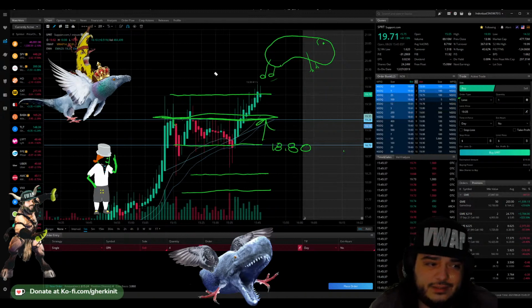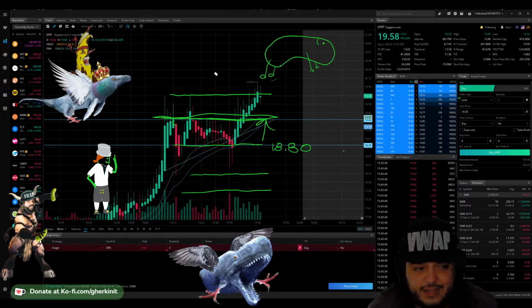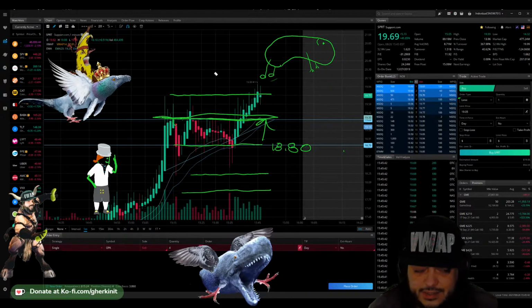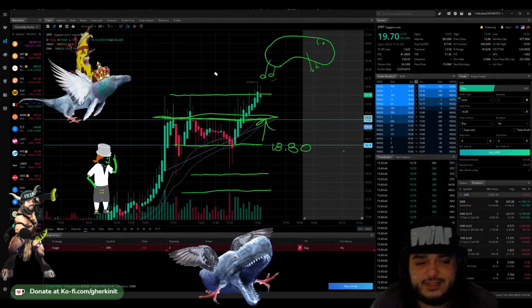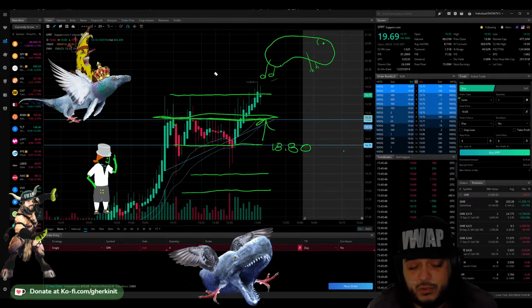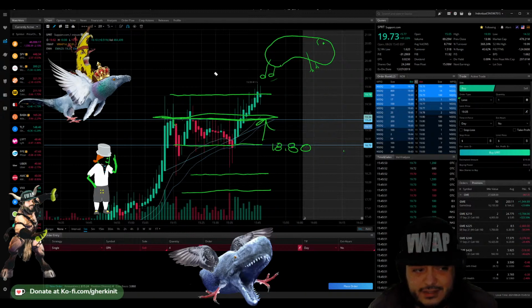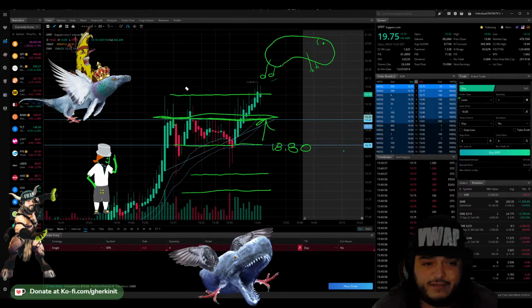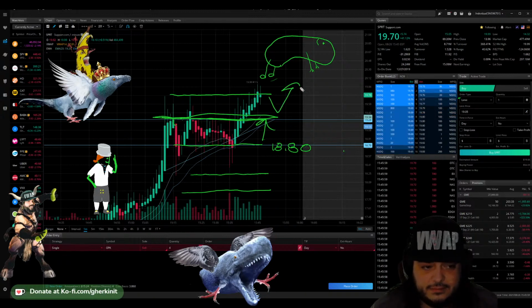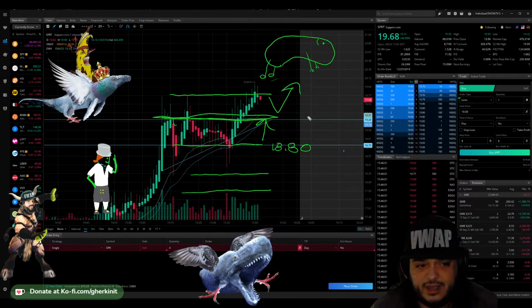No, so 1930 is not yet a support. It is a resistance, right? So I said 1880 because that's where the support is. That's what we bounced off of. We broke through 1930, but it's never acted as a support, right? We haven't bounced off 1930. We don't have any confirmation. This is just a resistance right now.